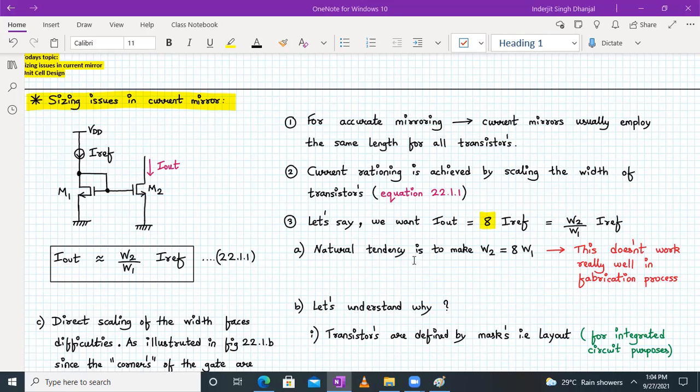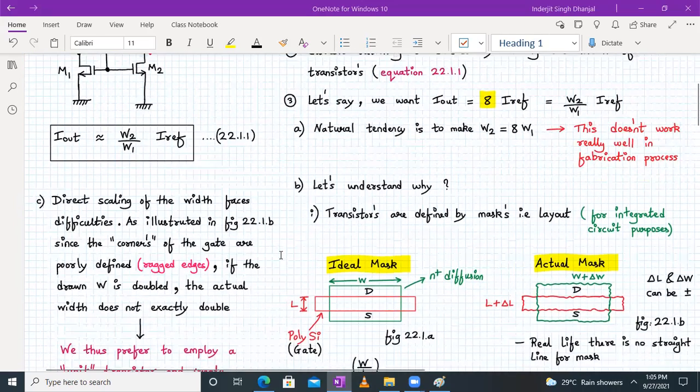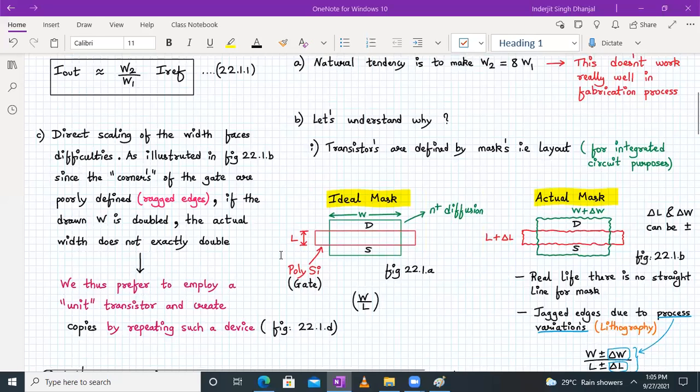But if you do that, this does not work well in the fabrication process. So let us understand why. Why can't we directly make W2 8 times W1? Transistors are defined by masks in the layout process for integrated circuits.